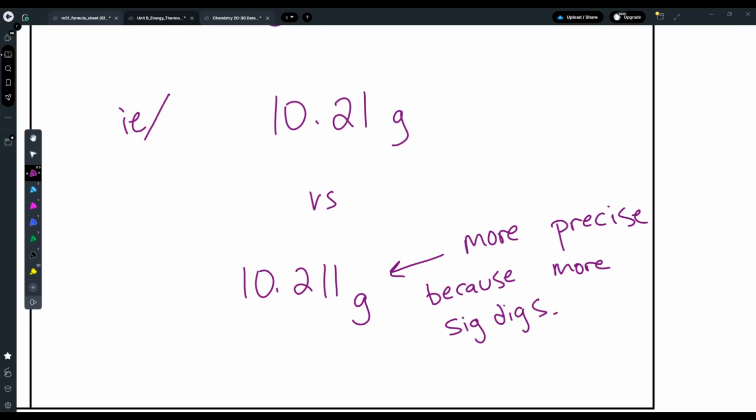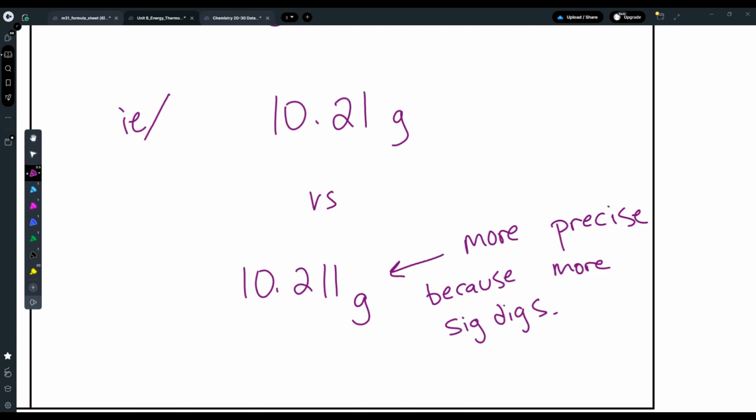Okay, so what that means in the context of chemistry is when you're measuring out your reactants, the more digits you're able to get from your instruments. So the more precise your instruments are, the more digits you can get for a value of what substance you're measuring, right?